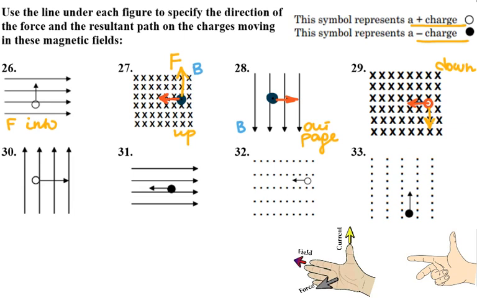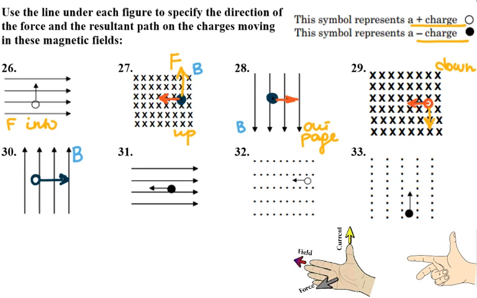For the next question, I have the magnetic field lines up, so my fingers are pointing up. The charge is moving to the right, so my thumb is pointing to the right, and so I'm looking at my palm in front of me, and the force is acting out of the palm.